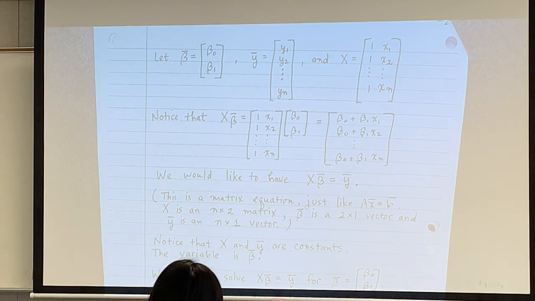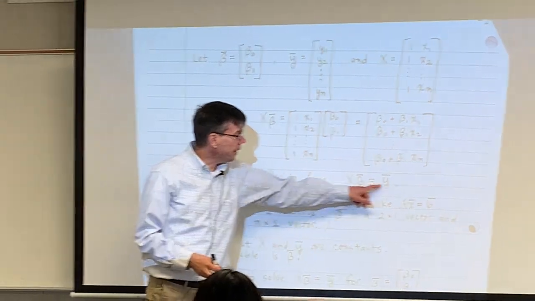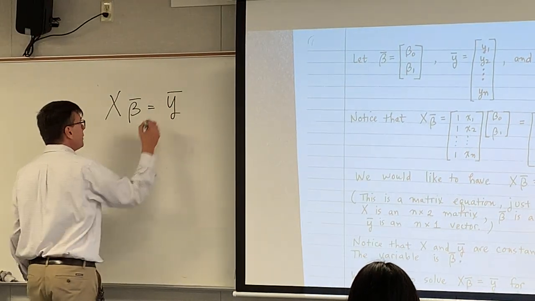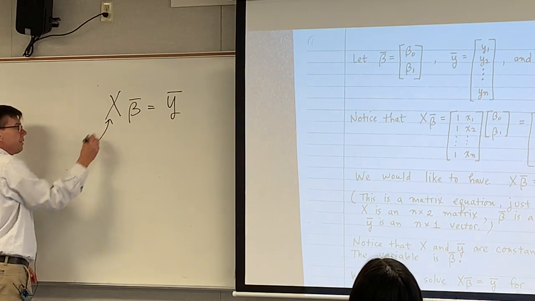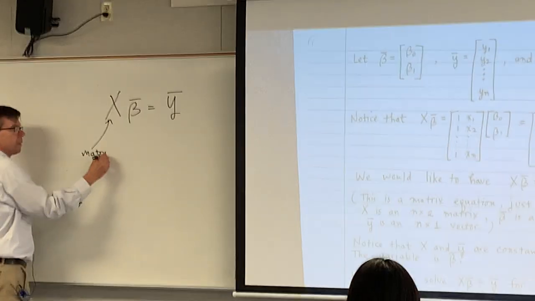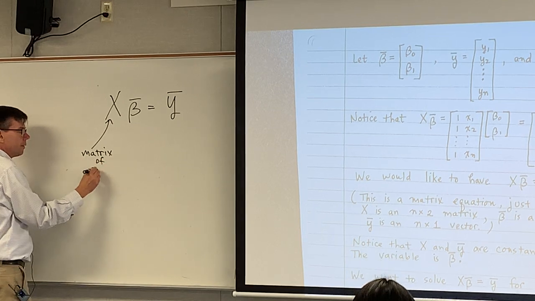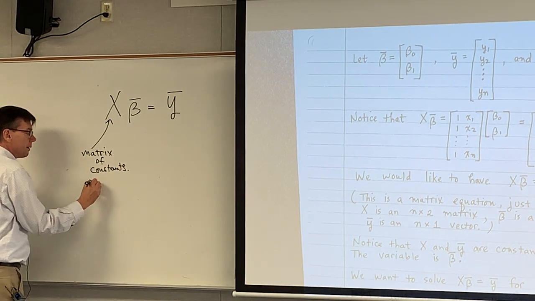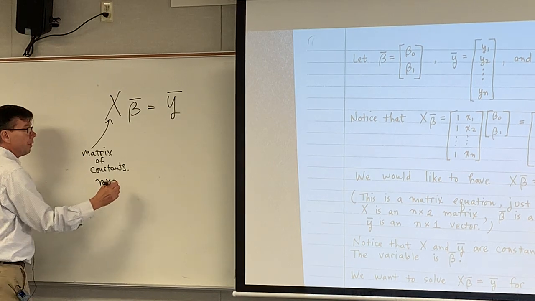What we want is X beta to equal Y. So notice this is a matrix of constants, and it's n by 2.